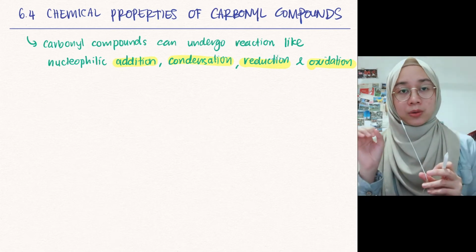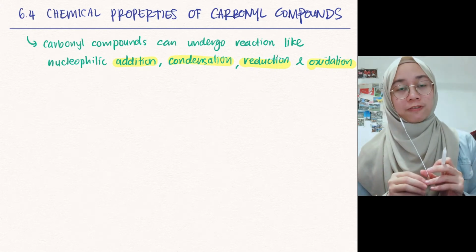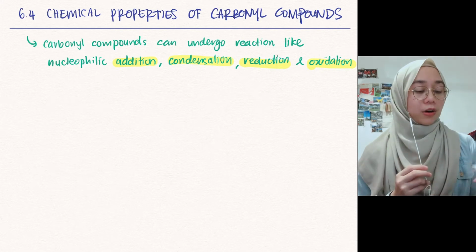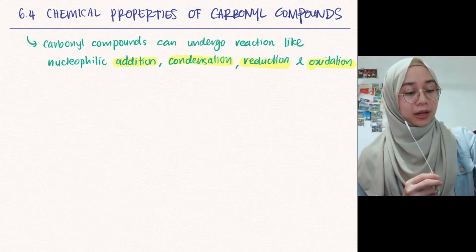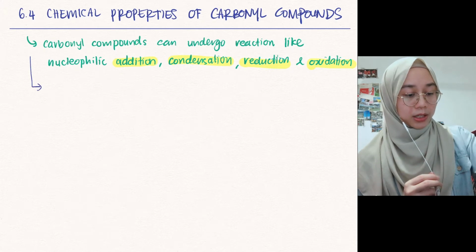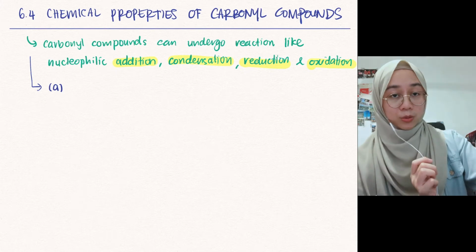Later on when you go into PST, sebenarnya untuk nucleophilic addition ni ada 5 reaction yang kamu akan belajar. But then for today's class, okay, apa yang kamu belajar untuk our syllabus for now, the first one kita akan tengok nucleophilic addition, tapi satu sahajalah.